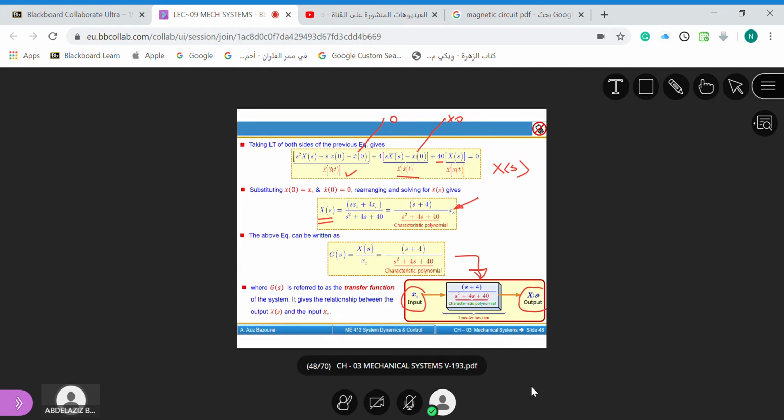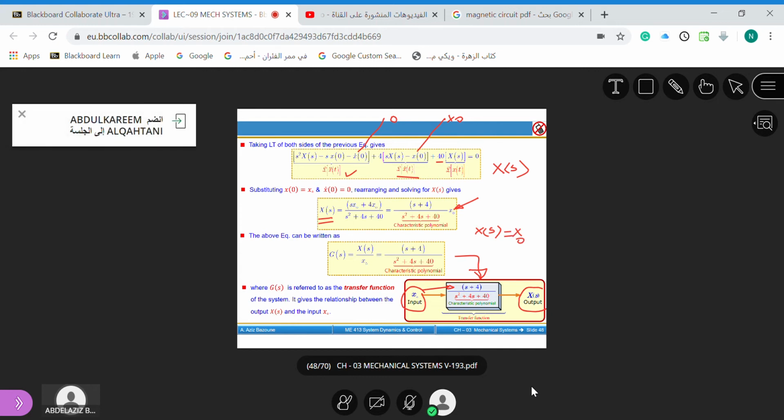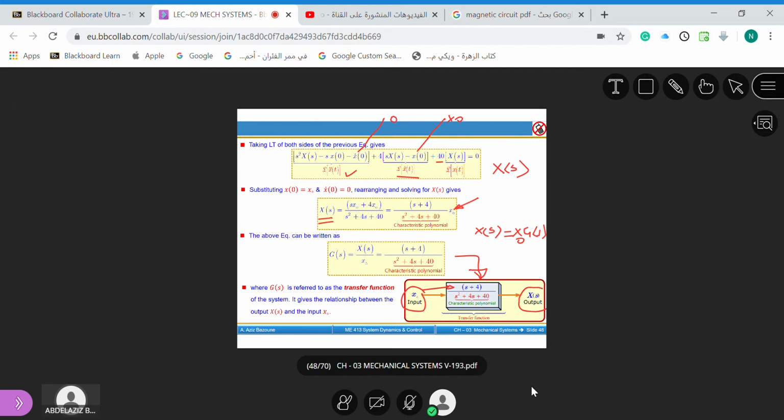If we multiply the input by the transfer function, we get the output. So x of s, the output, is equal to x0, the input, times g of s, the transfer function. The transfer function is the relationship between the output and the input in Laplace transform.